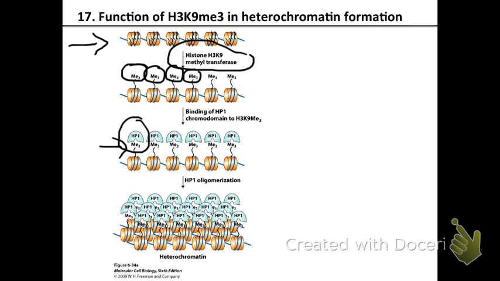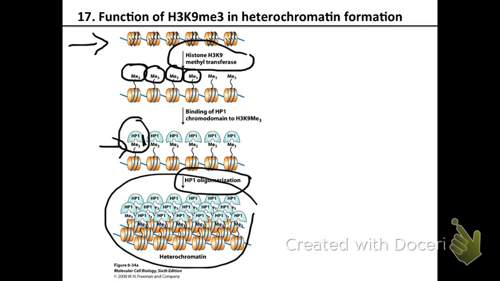So it can basically interact with each other, forming oligomers, so they can oligomerize. They kind of stick to each other. And what that does is you have a chromatin domain where you have HP1-mediated compaction of all the nucleosomes. So these beads on a string, they're kind of got together by the action of this HP1. Does that make sense? All right.